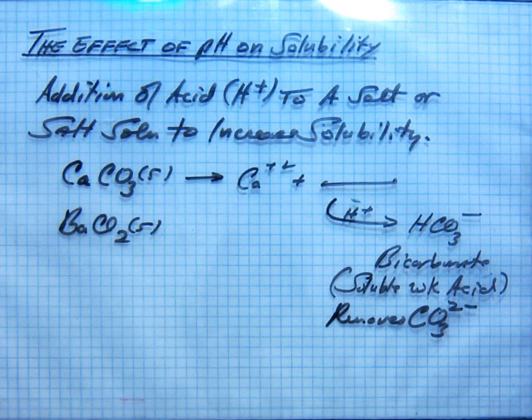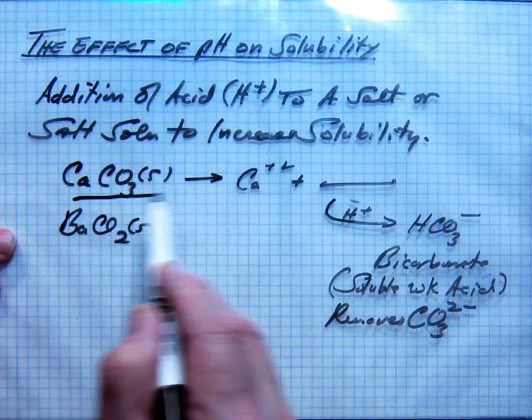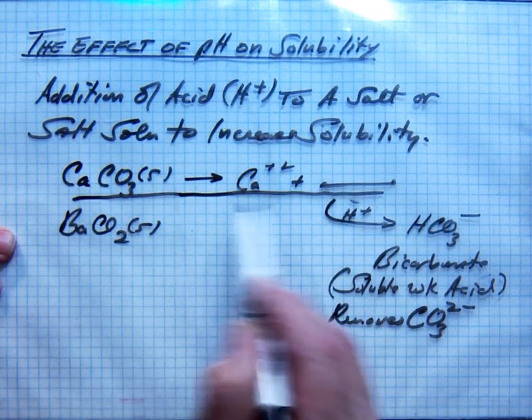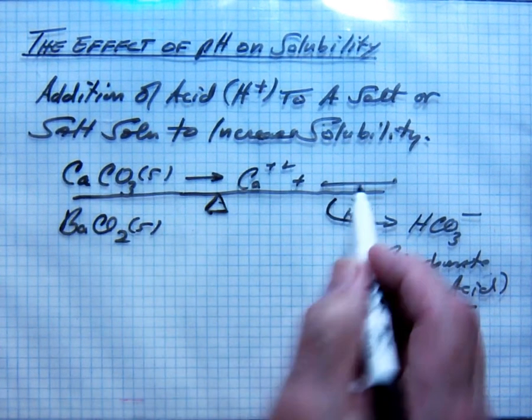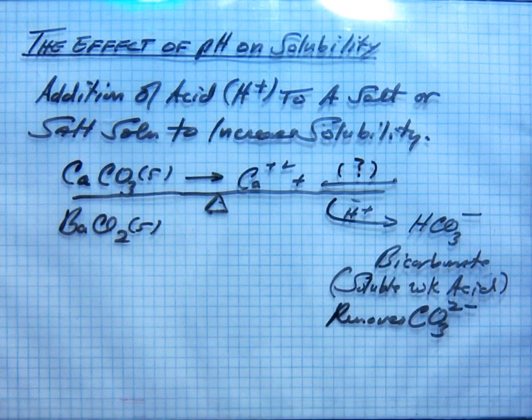So our equilibrium in here, somebody got off the seesaw right here. So which way will the reaction shift to replace that? Obviously from the carbonate to the right. Everybody? Okay? So if we're shifting to the right as the acid takes out the CO3, and that's soluble, then we're increasing the solubility over here.